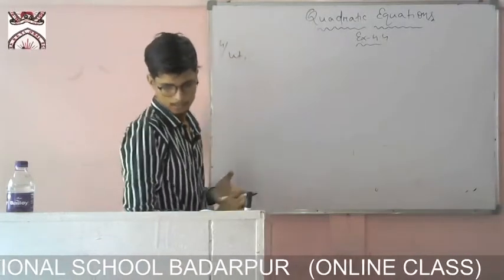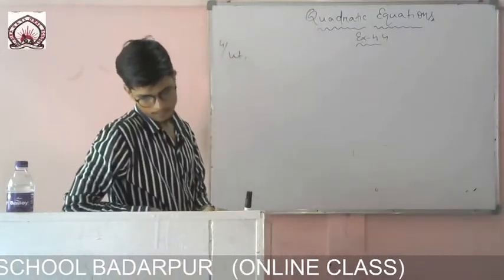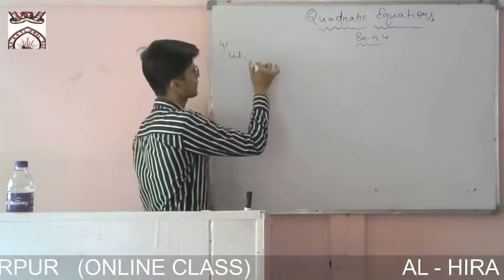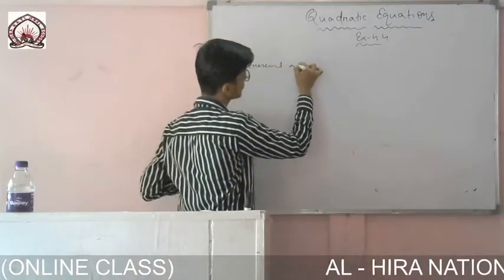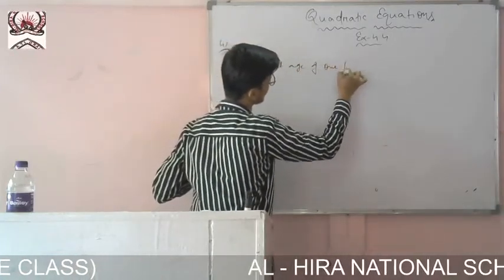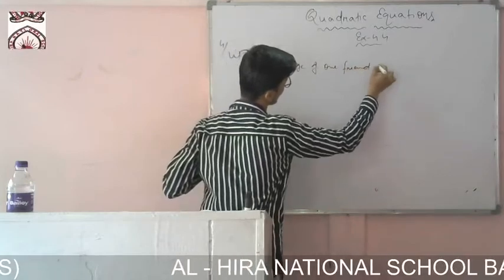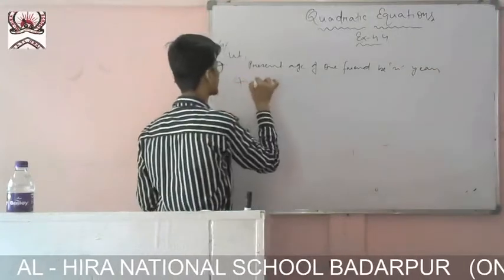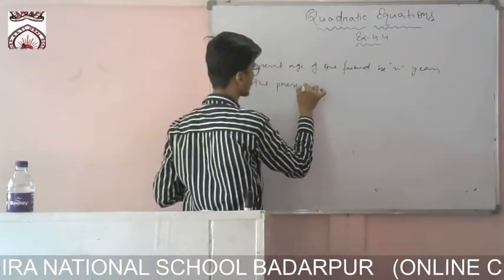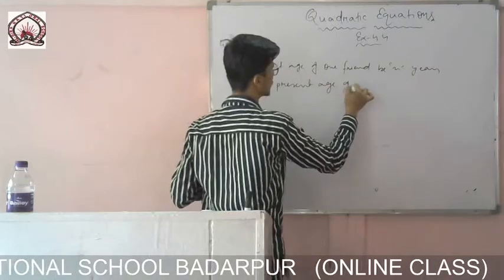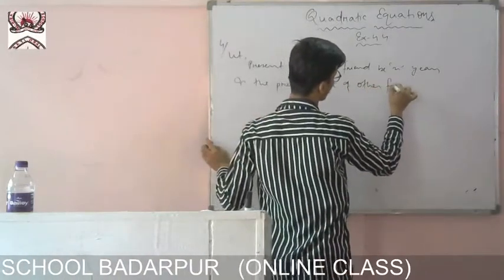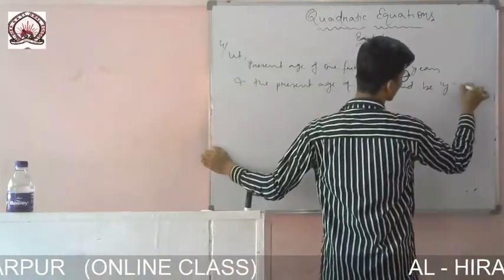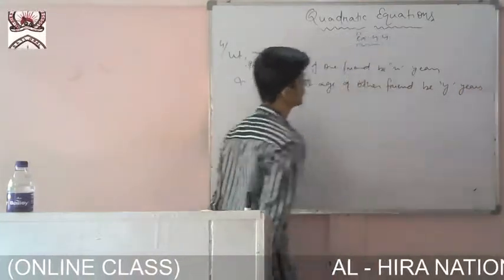Two friends are given, so let us take one friend as x and the other friend as y. Let the present age of one friend be x years and the present age of the other friend be y years.